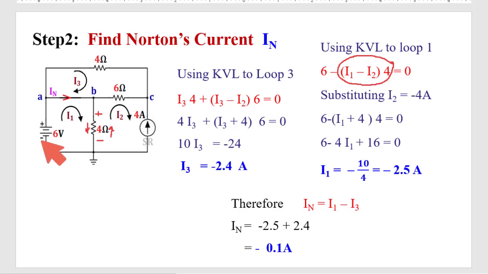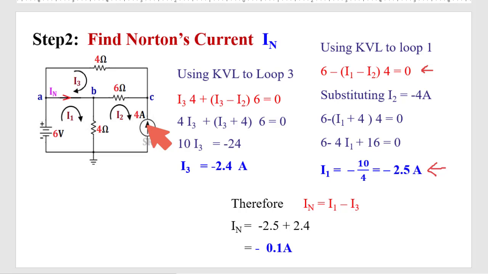Now here see, this is minus plus, this is plus minus. So if we consider this is positive, this will be negative. So this minus of this is equal to 0. So we got this equation, and substituting I2 is equal to minus 4 ampere, already we have seen, ultimately we got I1 is equal to minus 2.5 ampere.